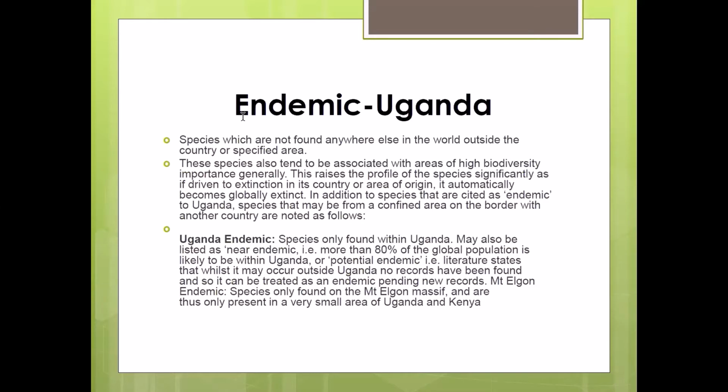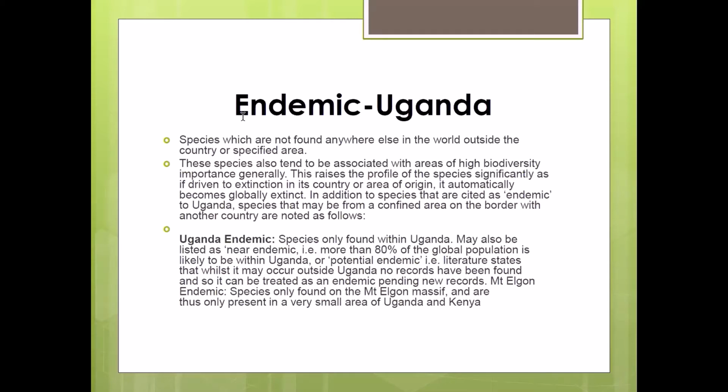These species also tend to be associated with areas of high biodiversity importance generally. This raises the profile of the species significantly, as extinction in its country or area of origin automatically makes it globally extinct.